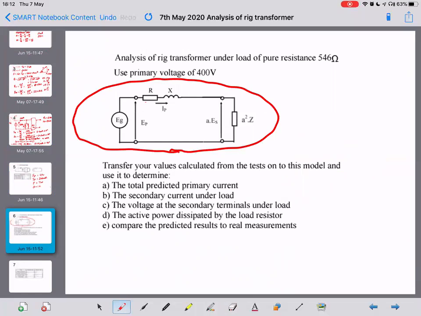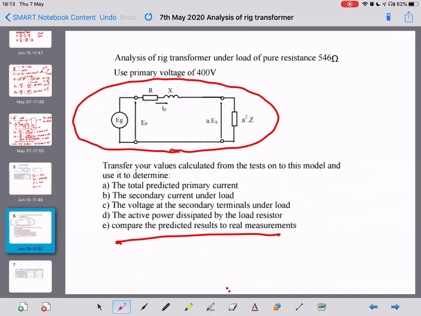I'm going to go back a page in a minute, and I'm going to put a new page in. So what we've got to do now is use the data that I've just given you to find values for R and X. And then from that, we can put them on this model and use it to do these predictions for the real transformer.